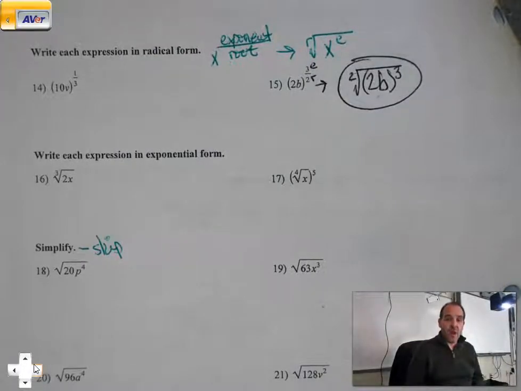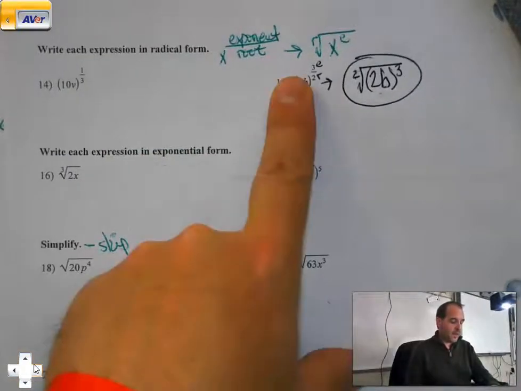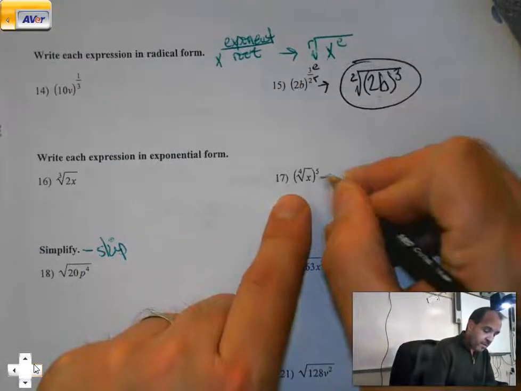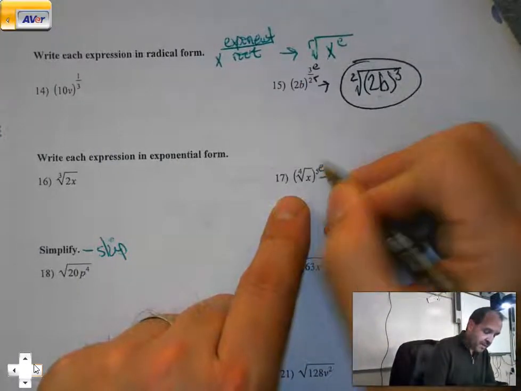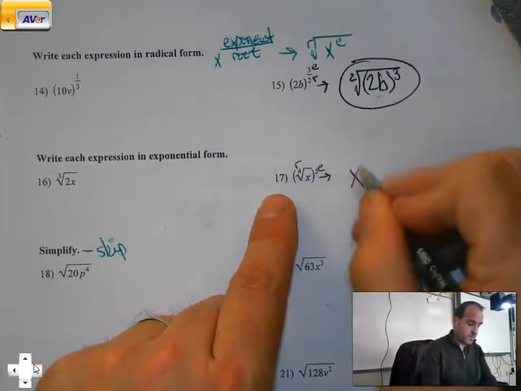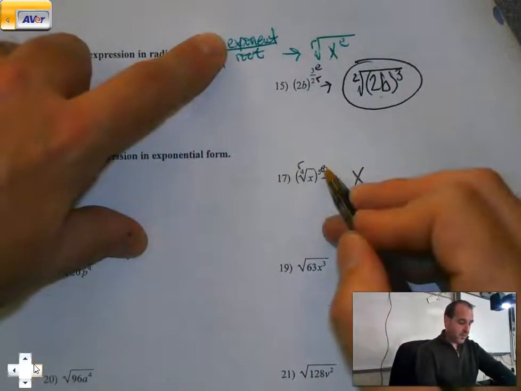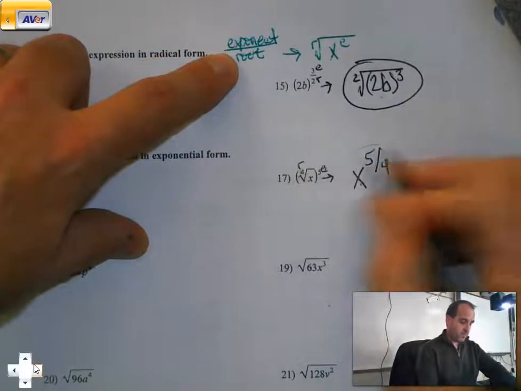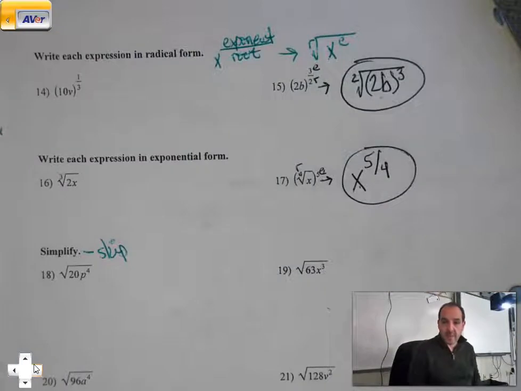And so we also can do the opposite, go from radical form back to exponent form. So here, there's my exponent, there's my root. X to the exponent over root. And we're set.